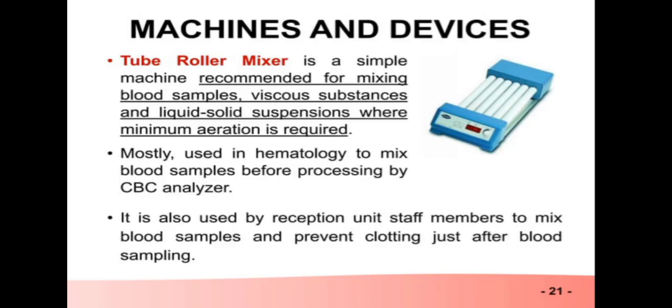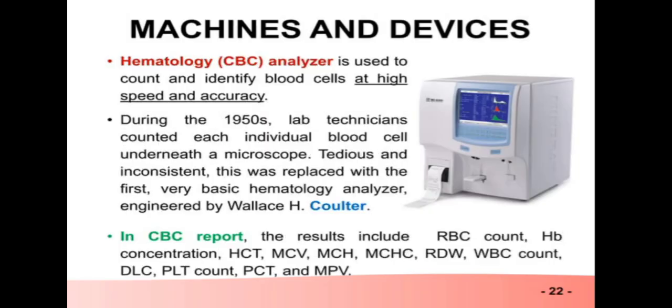Machines and devices. First is the tube roller machine, recommended for mixing blood samples, viscous substances and liquid substances where minimum aeration is required, generally used for the CBC analyzer. Now, the automatic analyzer, that is the hematological CBC analyzer, used for identification of different types of blood cells at high speed and with accuracy.